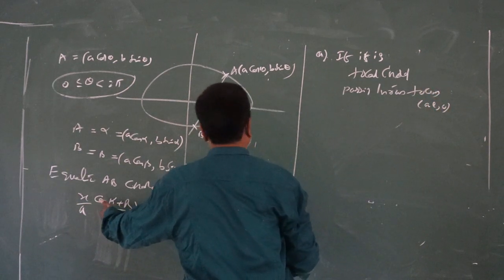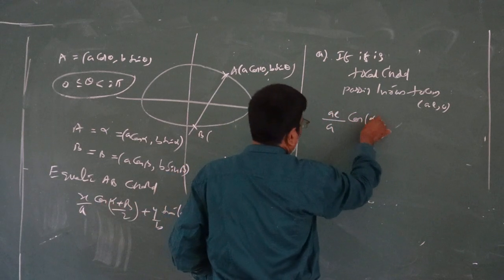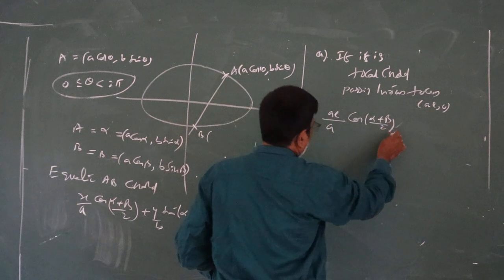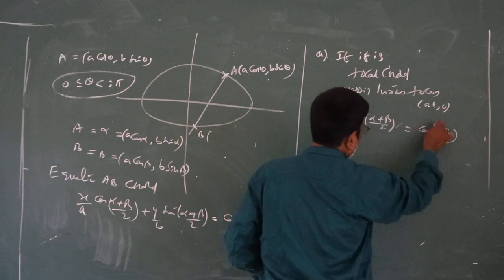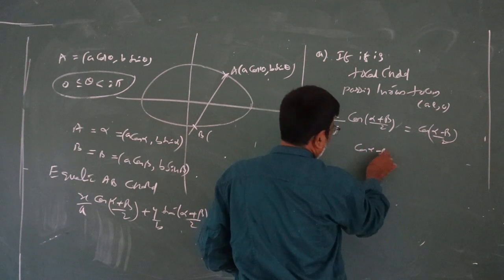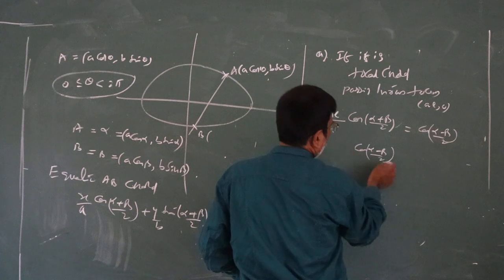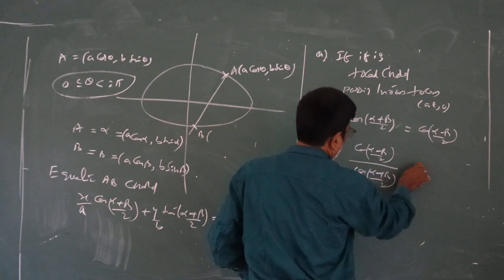Substitute there: ae by a cos of alpha plus beta by 2 equals cos of alpha minus beta by 2. From this, a cancels, and cos of alpha minus beta by 2 by cos of alpha plus beta by 2 equals e.